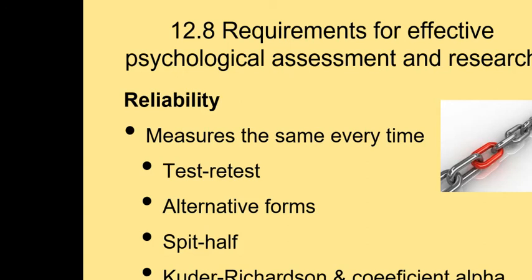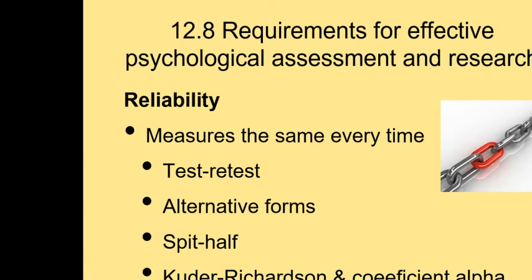The split half is I take, for example, the odd questions and the even questions, and I split them in two, and then I look at the averages and I correlate them with one another, and I should have more or less the same scores for the two halves of the test. Obviously, it's not as reliable as the whole test because you don't have all the questions, but they should be more or less the same.